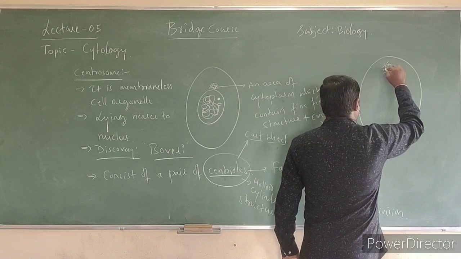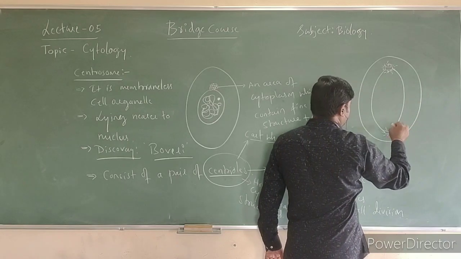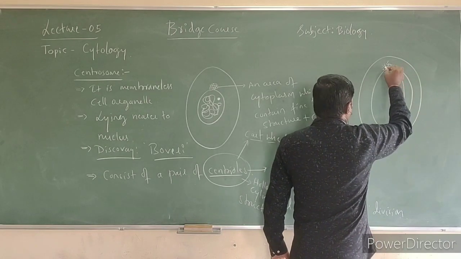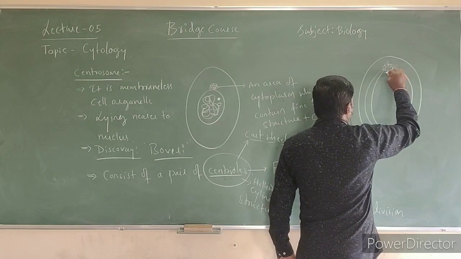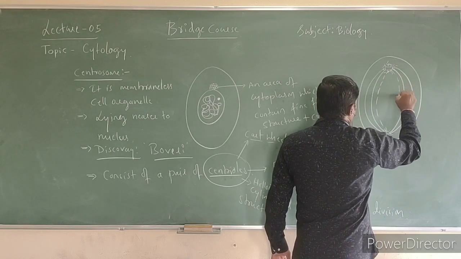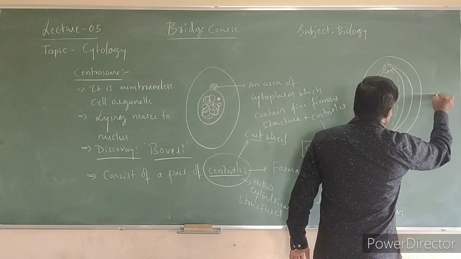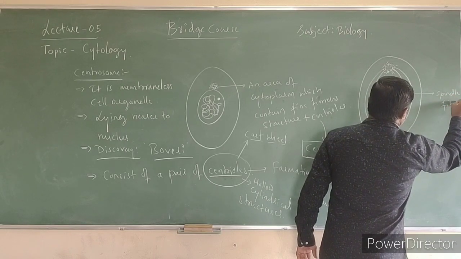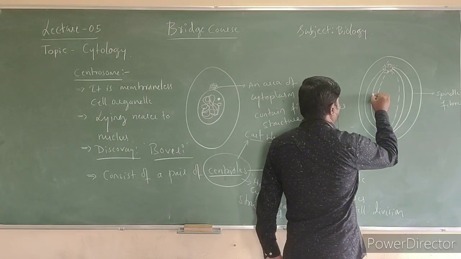and from this centriole spindle fibers are formed like this. These are continuous spindle fibers. Some of them are discontinuous ones, right? Like this. These are nothing but spindle fibers. To these spindle fibers the chromosomes are hanged.